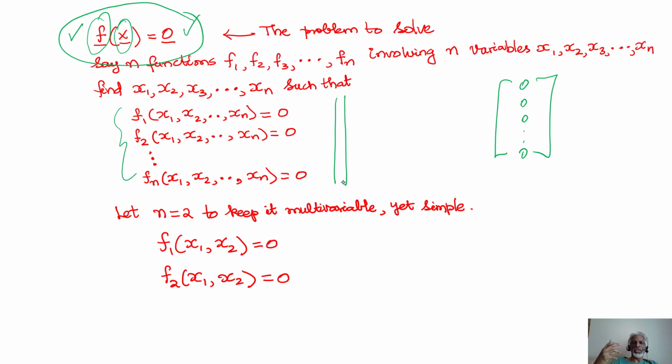So the origin of F1, F2, F3, F4 in this particular example are from a physical system in which something that is important for a chemical engineer happens.